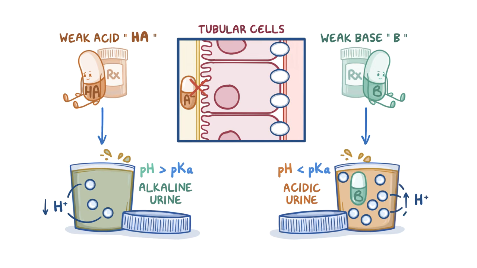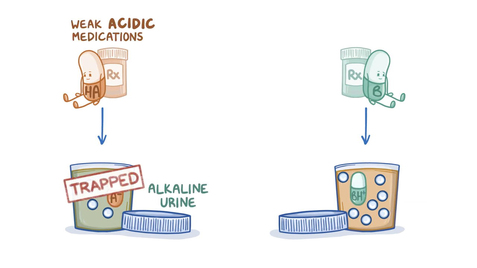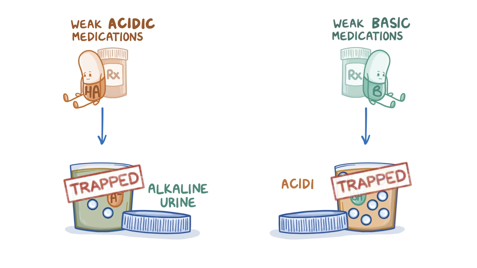With plenty of hydrogen ions around, it's going to grab one of them and turn into its charged form, BH+, which once again cannot be reabsorbed across the tubular cell's membrane. In other words, weak acidic medications are trapped in alkaline urine, in contrast to weak basic medications, which get trapped in acidic urine.